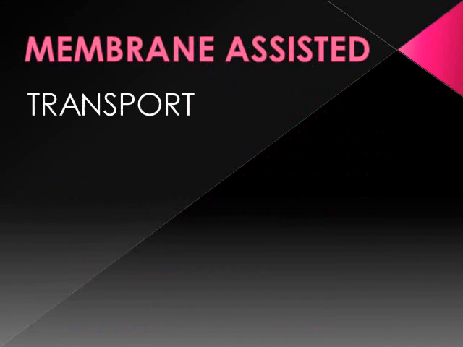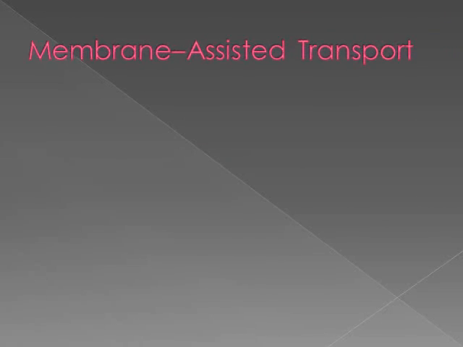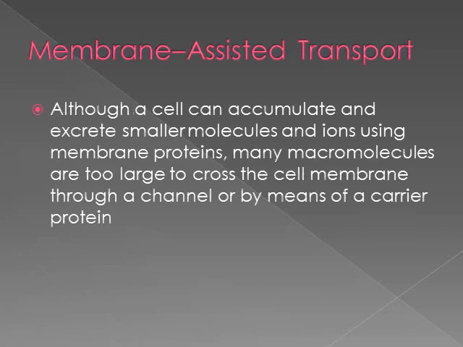The very last thing that we're going to look at is membrane-assisted transport. And as the title might give us reason to believe, we're looking at what can happen with things that are maybe being manufactured or that are available in large amounts. And we actually use a piece of the membrane to move things across.